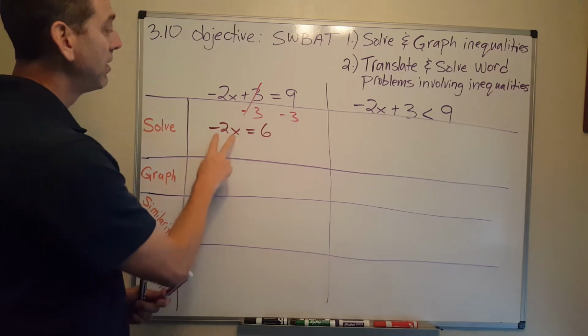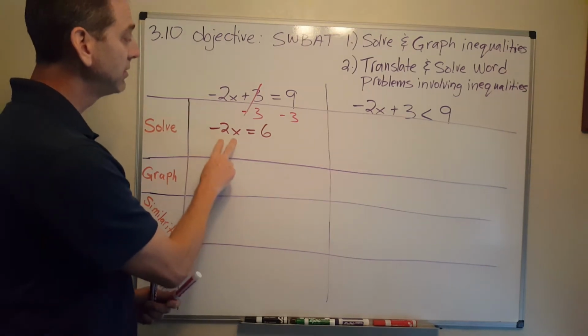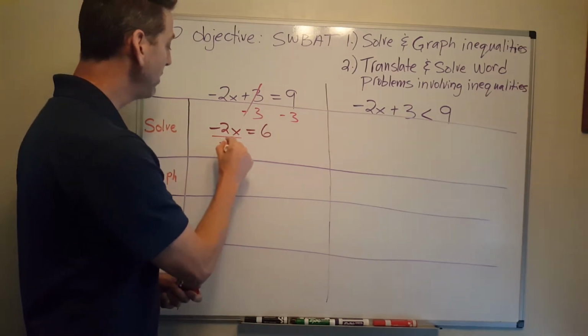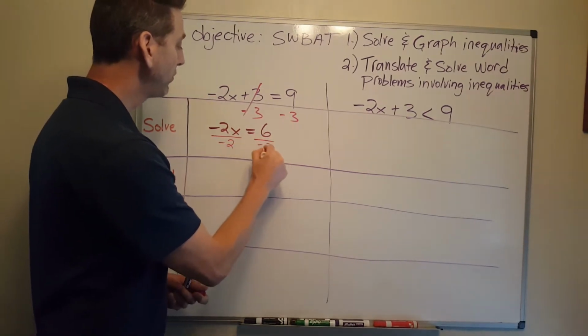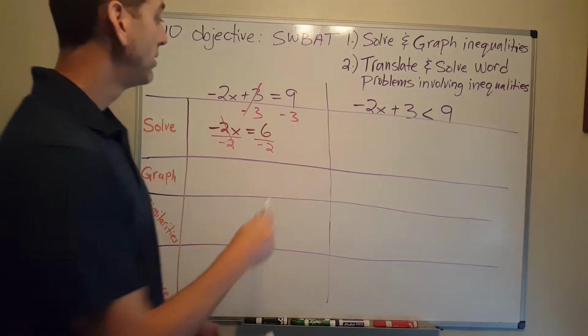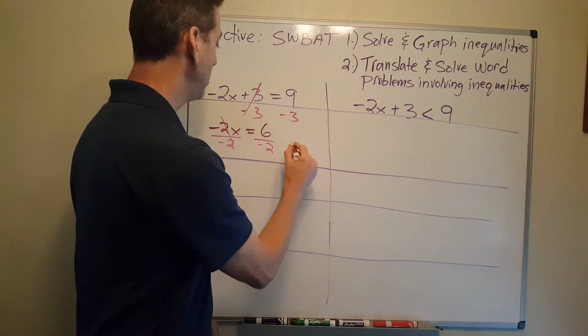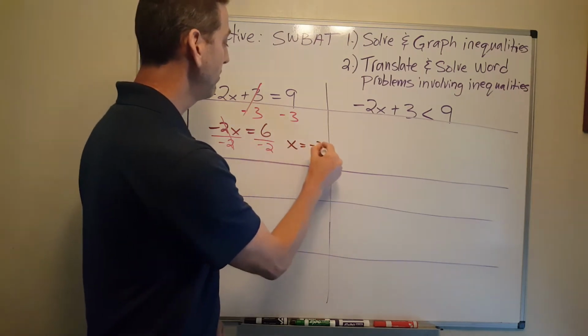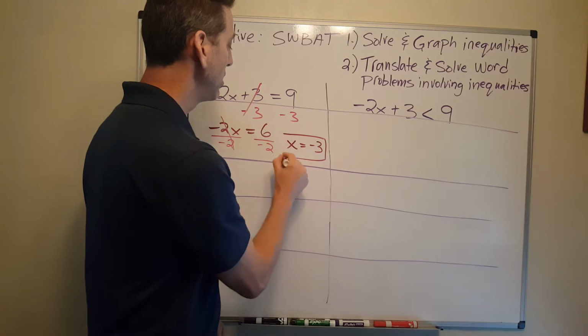Now this is multiplication, so I'm going to divide because that's the inverse. I divide both sides by negative 2, and that reduces to 1. That gives me a solution of x equals negative 3.